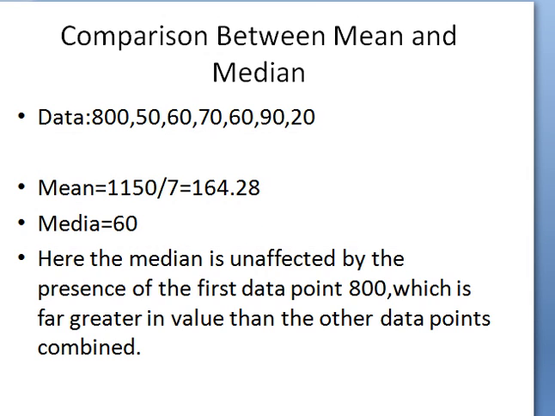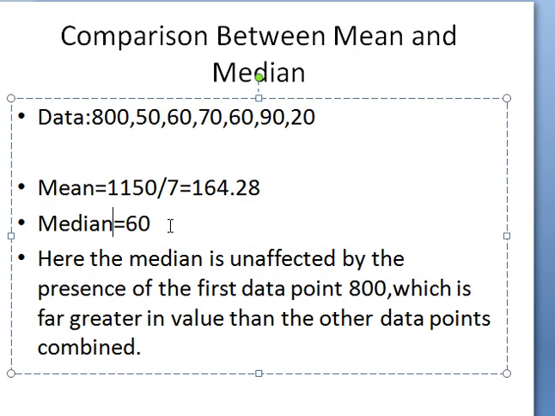Okay, before getting into another measure, we have to compare mean and median a little bit. Suppose you have data like 850, 60, 70 and so on. See here, the mean of this data is 164.28, whereas the median is 60. Sometimes the mean and median produce similar results if the range is the same.